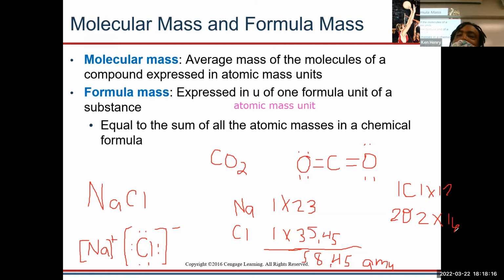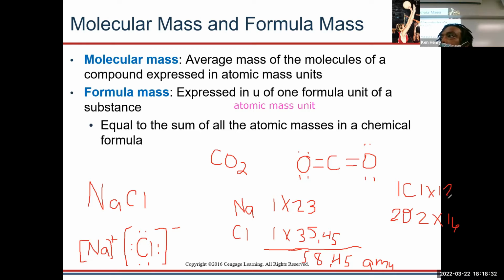So in that case, the mass of oxygen is 16. Yes, 16. So it's 15.999 something, right?